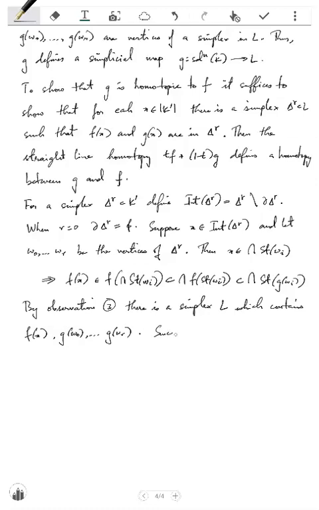So since x belongs to the interior of delta R, this implies that x is equal to the summation i equal to 0 to R of ai Wi, where all the ai's are positive.